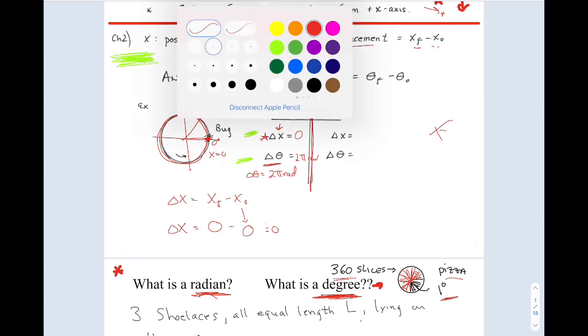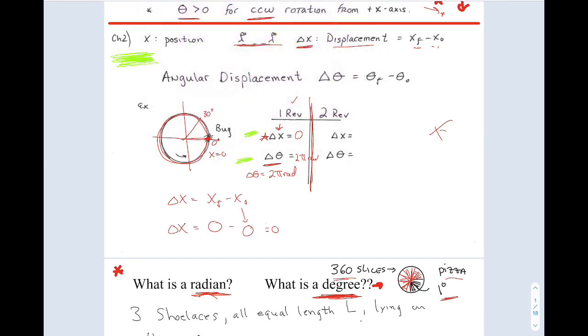Now, in this same picture, let's say the bug goes around twice. So it starts here, goes around once, goes around twice. What is my displacement delta x for 2 revolutions?